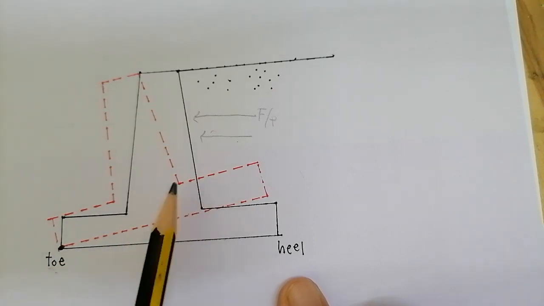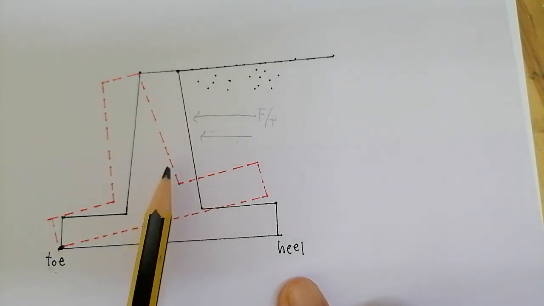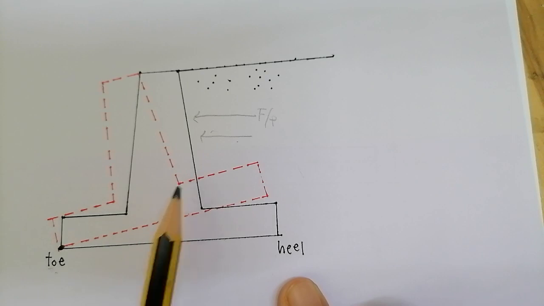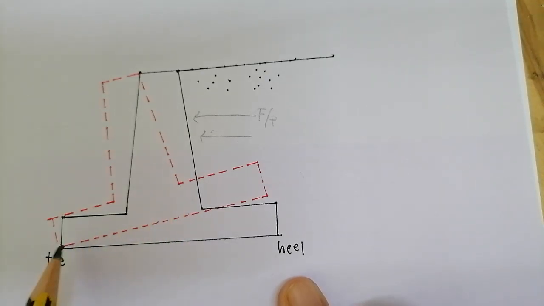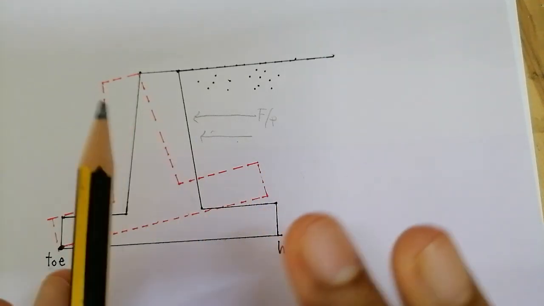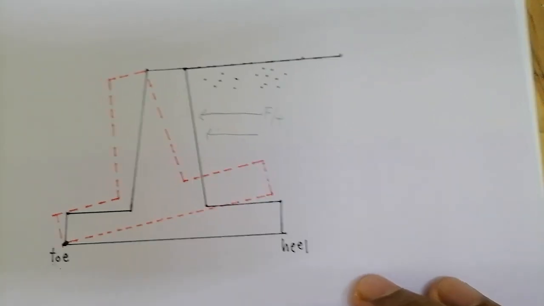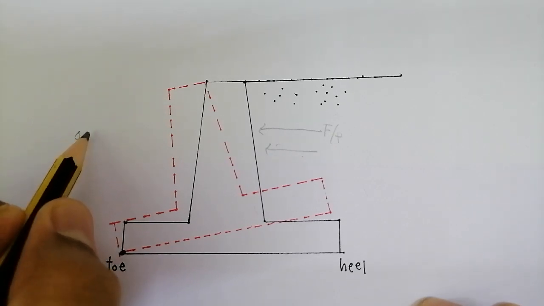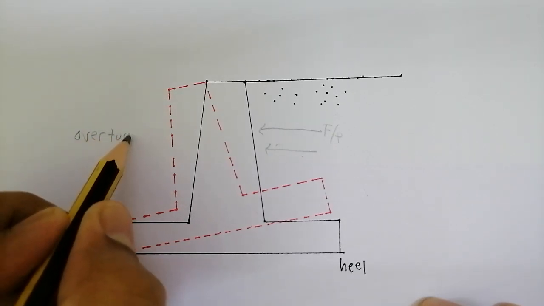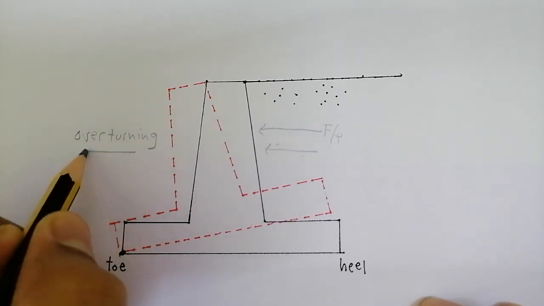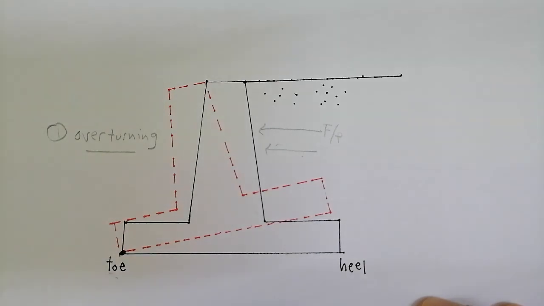If you can see the retaining wall drawn in red pen, it is the possible position of your retaining wall after overturning. We don't want this to happen. So that's why we have to check the stability of our retaining wall against overturning. So that's the first thing that we'll do today.